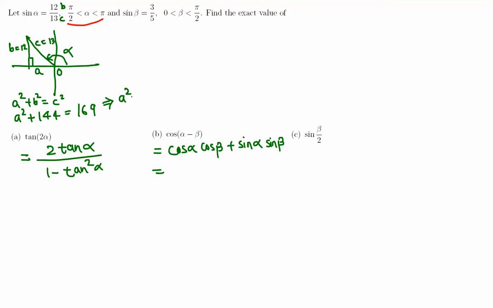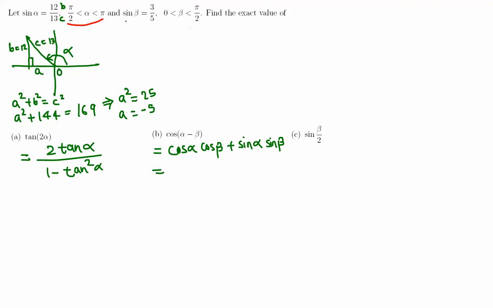So A squared equals 25, and A is the square root of 25, which is 5, plus or minus 5. But look, this is going on the negative x-axis from the origin. This is on the left, so negative 5. Now we have all three sides, so then we can find any trig function.